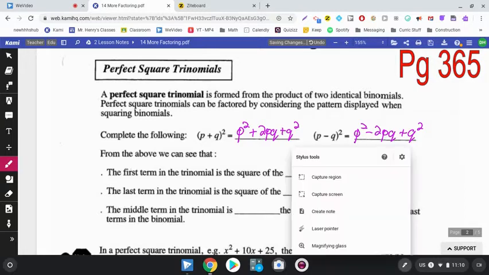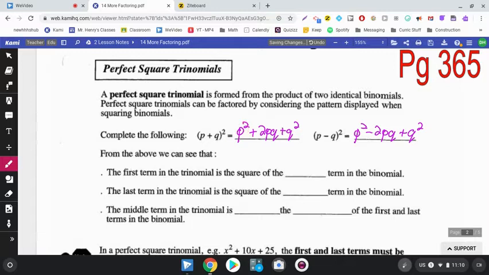And what I notice is the first term, p squared, is always just whatever my first piece is squared. Okay, p squared. And the last term is whatever my last term in the initial binomial was squared. And in the middle, I always have the same piece twice. It's the product of whatever my first and last term were, twice. And if it was a plus, it's plus. If it was a minus, it's minus.